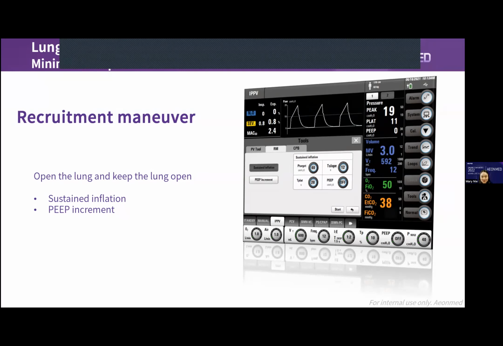Hi, Mary, just give me some recruitment. I say, oh, okay. Then I would turn the APL valve to like 30 or 40 centimeter water, and then I would squeeze the reservoir bag, and I will see into the chest that the lung is getting bigger and bigger. And my surgeon told me, it's okay, you're done. And okay, my recruitment maneuver is done.